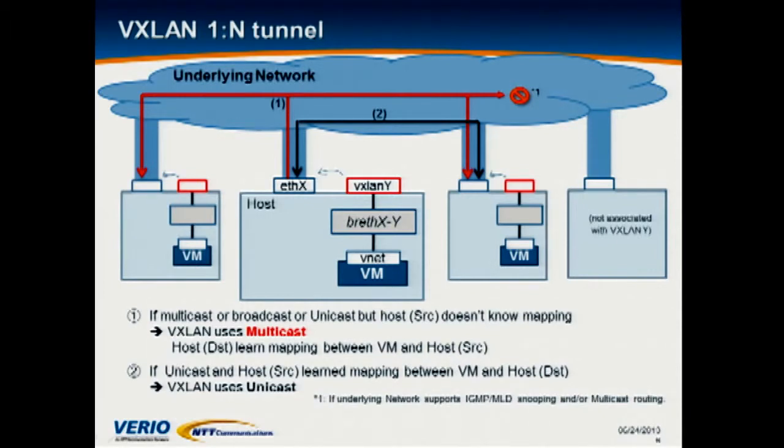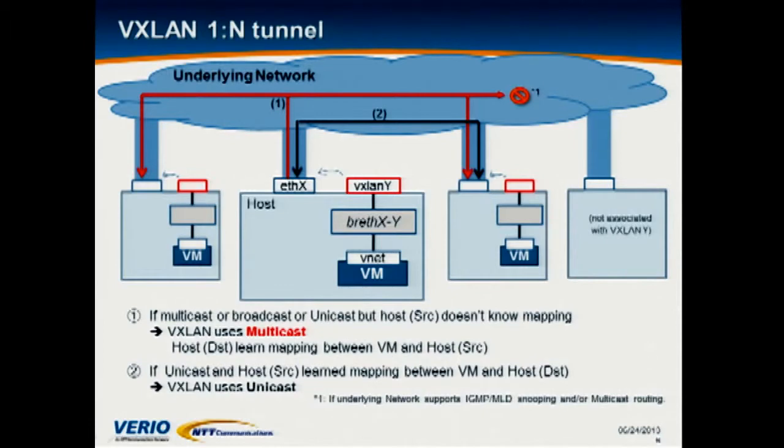It will be mapped into multicast, and the multicast goes into the underlying network, so it will be flooded in some way, and the other host hears the multicast packet and can learn the source host and source VM mapping. Then the ARP reply is created by the VM on the other side, and at that time the other host knows the mapping of the source of the ARP request, so then the packet goes as unicast.